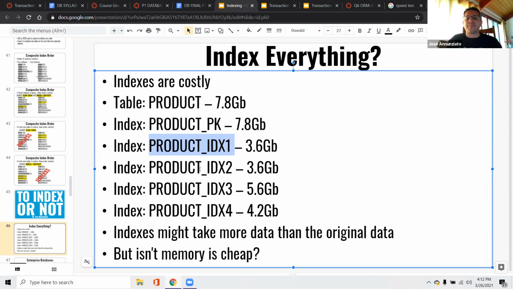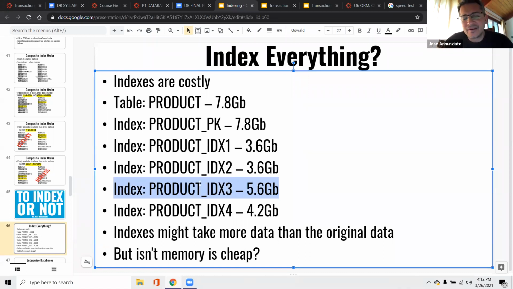Each additional index will be a fraction of the original, but it starts to add up. So a table that was originally 8 gigabytes, when indexed, in total, might be more than double the original size. And somebody might say, well, who cares?